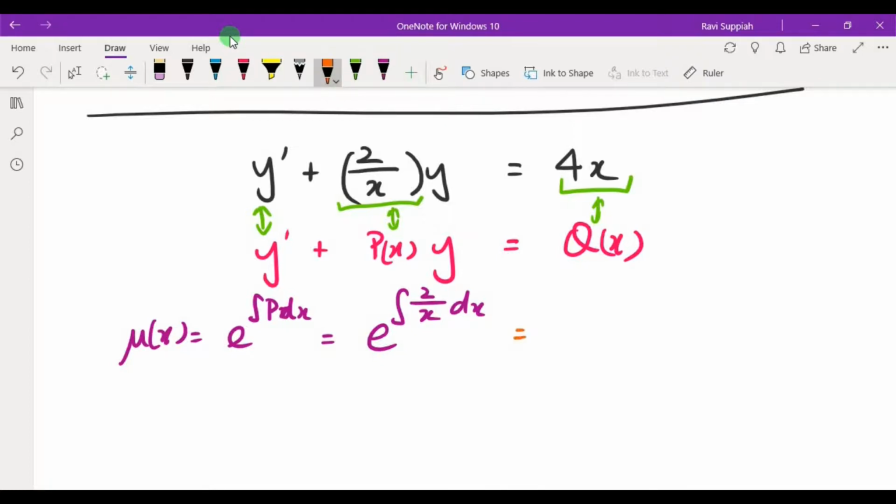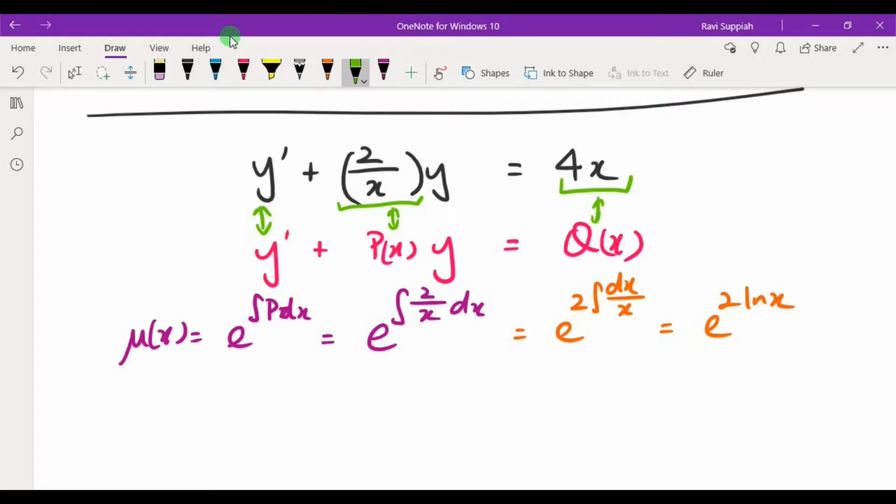For this you need to remember your integration rules. 2 is a constant, so I can write it as 2 times the integral of dx over x, and the integral of dx over x is ln x. If you remember your logarithmic rules, you will know that the constant in front of the logarithm can be brought in as the power.